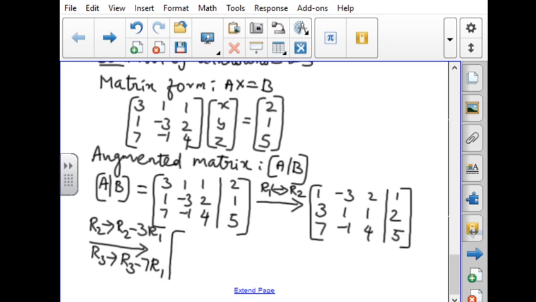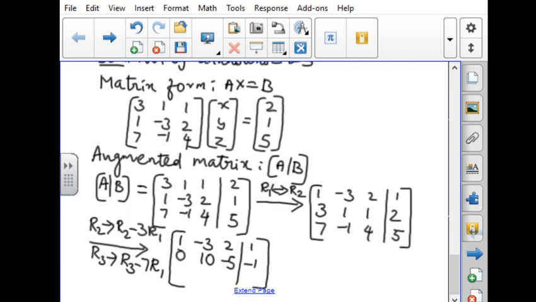So we are getting the matrix, first row as it is: 1, minus 3, 2, bar 1. Next row 2: 3 minus 3 will become 0, and then 1 minus of minus 3 into 3, that is 1 plus 9, that is 10. Next 1 minus 6, that is minus 5, and then 1 minus 3, it is minus 2.